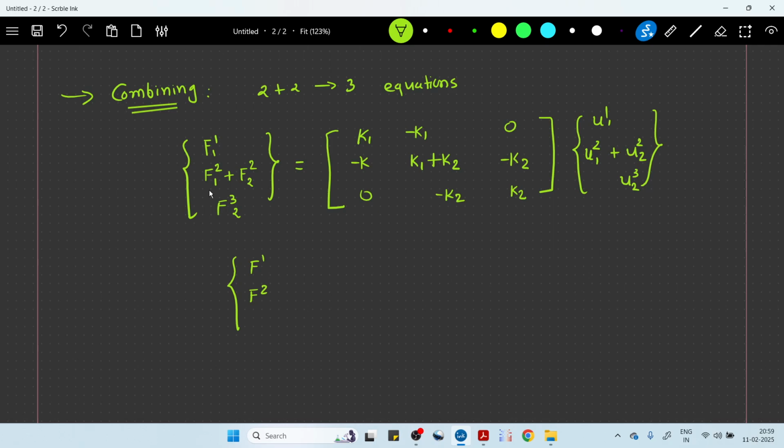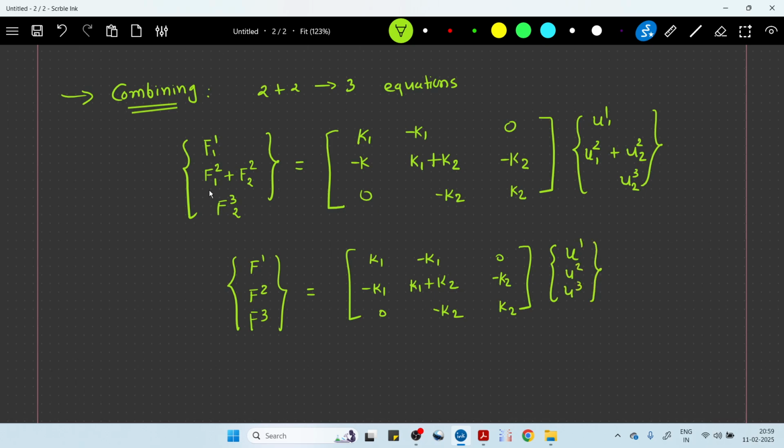So I will say f1, f2 and f3 is equal to k1, minus k1; minus k1, k1 plus k2, minus k2; 0, minus k2, k2, and this also I'll write as u1, u2, u3, because displacement at node 1, node 2 and node 3. So this is what we get.